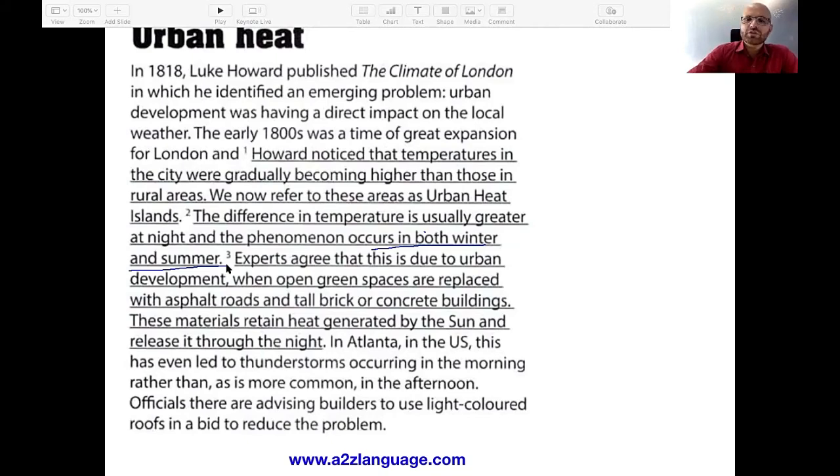The answer to this question is true. Howard noticed that temperatures in the city were gradually becoming higher than those in the rural areas. We now refer to these areas as urban heat island. The difference in temperature is usually greater at night, and that phenomenon occurs in both winter and summer. It is evidence that it is true.